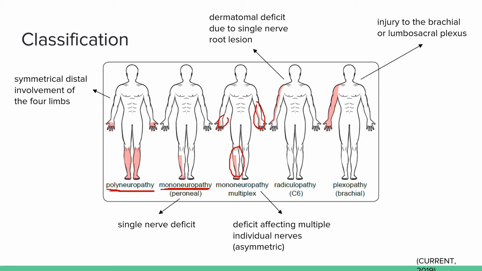And radiculoneuropathy is a syndrome where we see dermatomal deficit due to a single nerve root lesion, meaning there is only involvement of a single dermatome area. But also plexopathy. This can be an injury or lesion to the brachial or lumbosacral plexus.